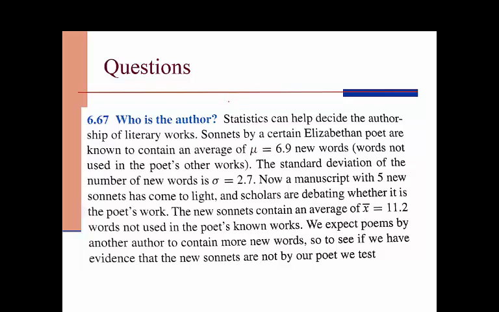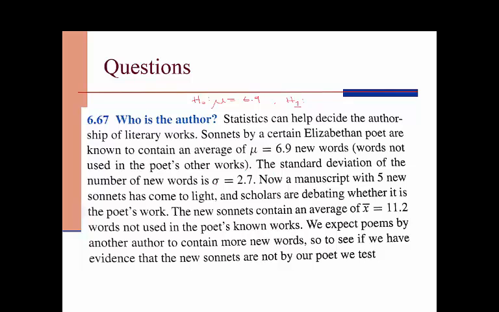Okay, so you want to set up your hypothesis. Okay, and that's H naught is mu is equal to 6.9 and H1, well, we have to find out if it's two-sided or one-sided.